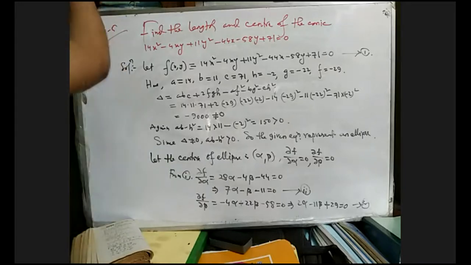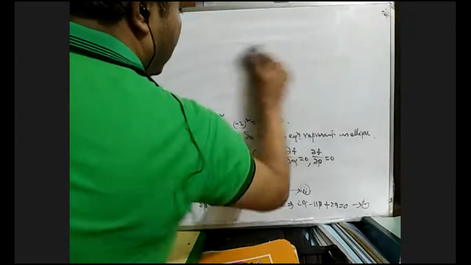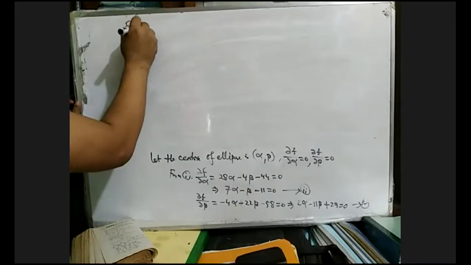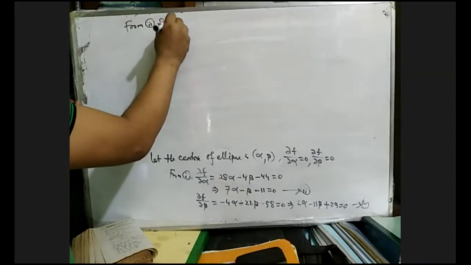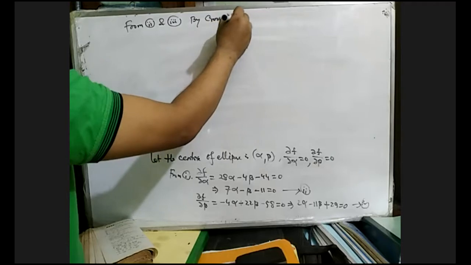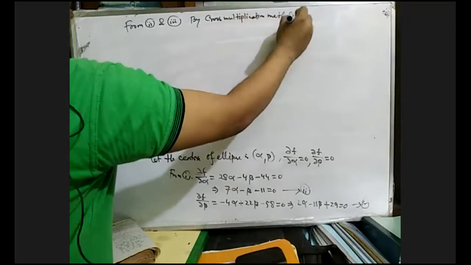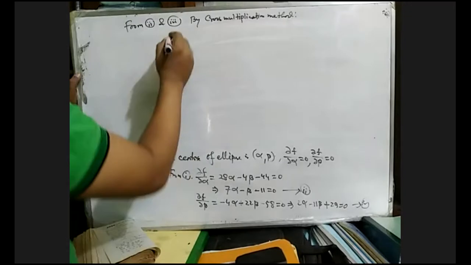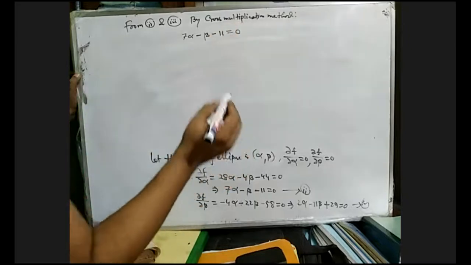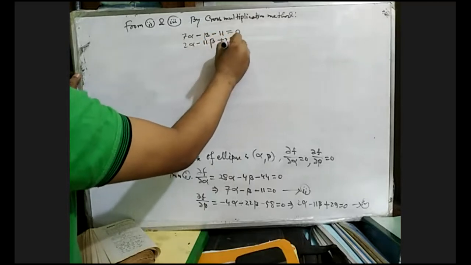Now from 2 and 3 by the cross multiplication method, the equations are 7 alpha minus beta minus 11 equals to 0, and another is 2 alpha plus 11 beta plus 29 equals to 0.